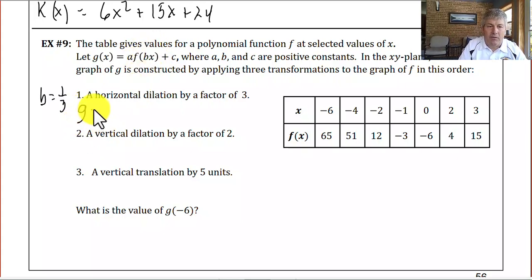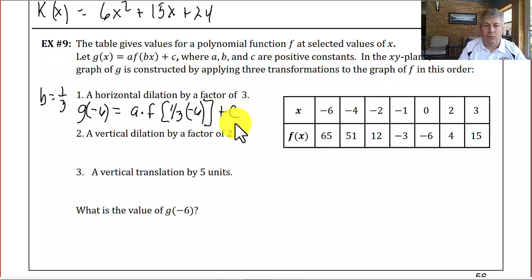So we would say g of negative 6 equals a times f of 1/3 of x, and our x is negative 6, because what's the value of g of negative 6? That's where I get the negative 6 from. Plus some value c. So we've got our b value of 1/3. That's how we're going to start.